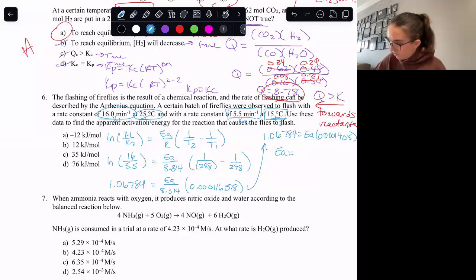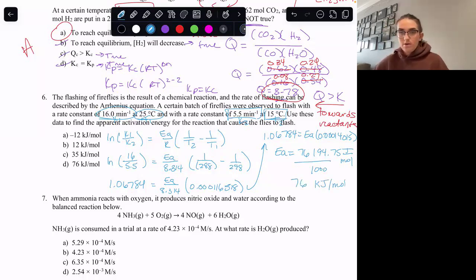So EA would be 76,194.75. This is now in joules per mole. And then to get to kilojoules, like you want your answer choice to be in, you're just going to divide by 1,000. So then it becomes 76 kilojoules per mole. And that is that.